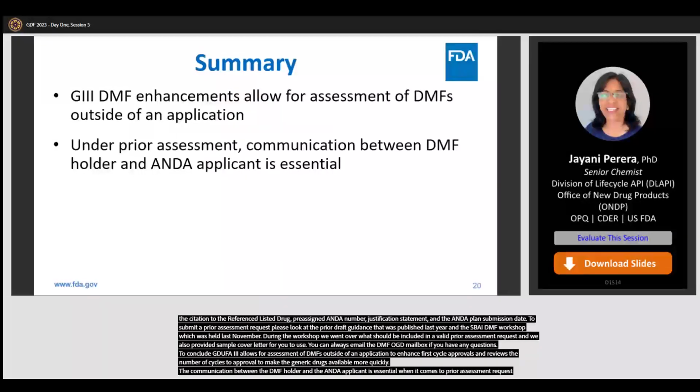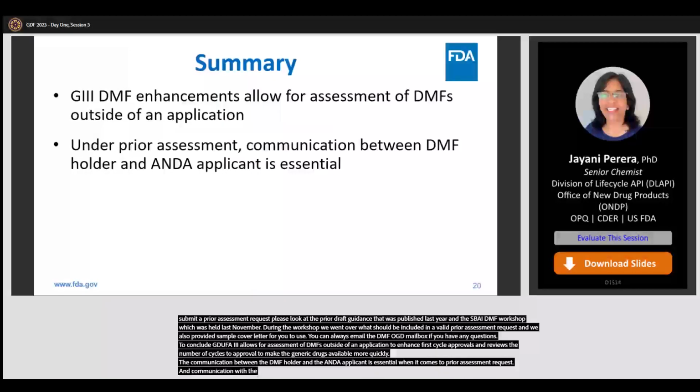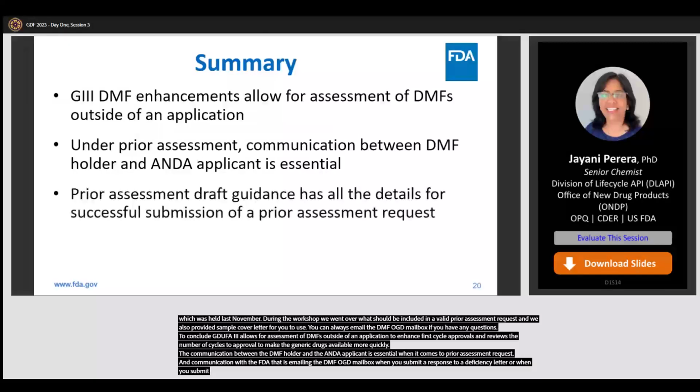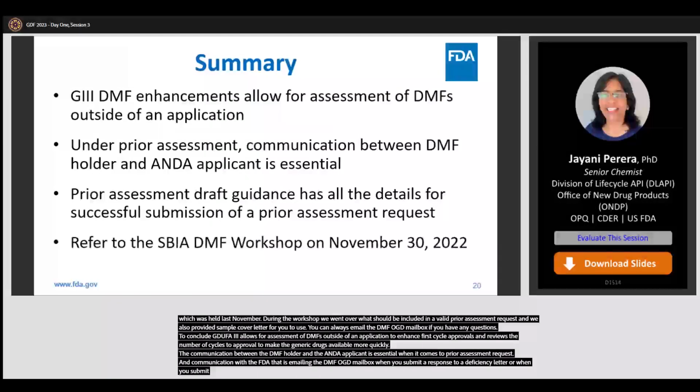And communication with the FDA, that is emailing the DMF or GD mailbox when you submit a response to a deficiency letter or when you submit a prior assessment request, is also very important. Please refer to the prior assessment draft guidance and the SBIA workshop when submitting a prior assessment request.